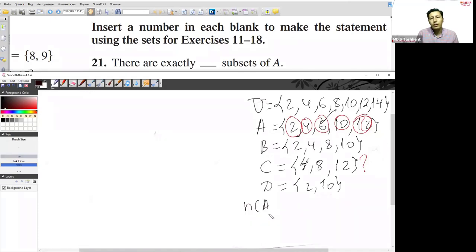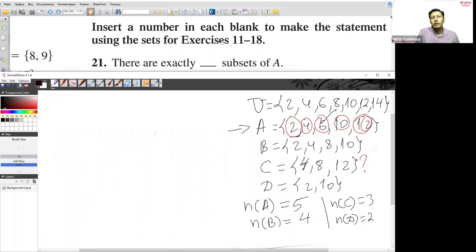What is N(A)? It is the number of elements of set A. How many elements? We have 5 elements: 2, 4, 6, 10, 12. And B, the number of elements of set B: 4. C has 3 elements. And D has 2 elements.